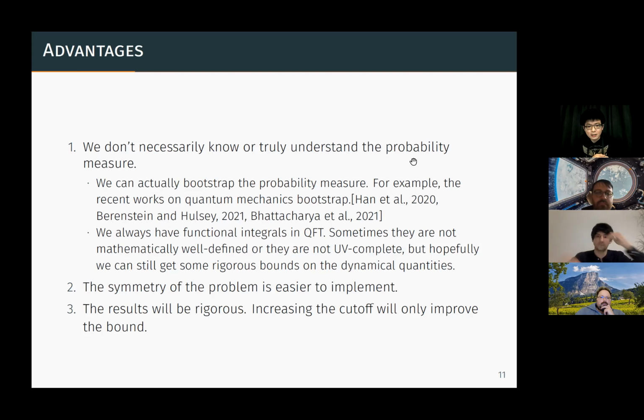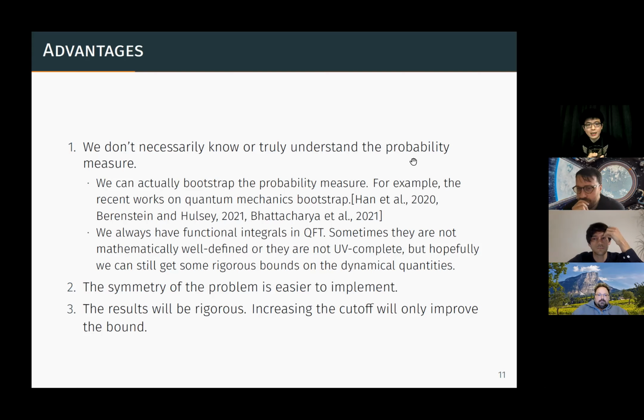And in the second sense, more importantly, in interacting quantum field theory, we always have functional integrals. Sometimes they are not mathematically well defined, or sometimes they are not UV complete. But most of the time, we still have a lot of equations that we strongly believe are true.